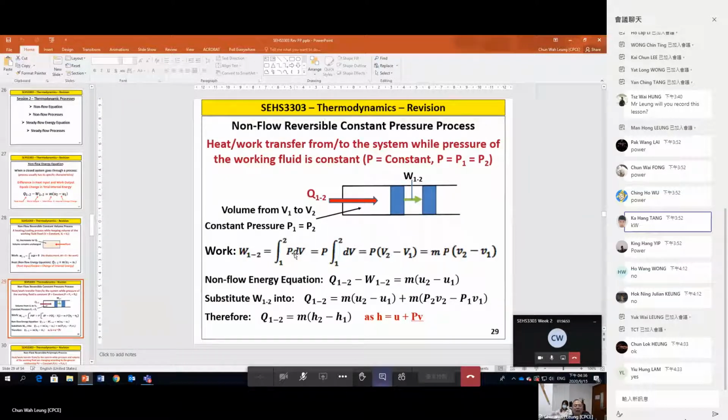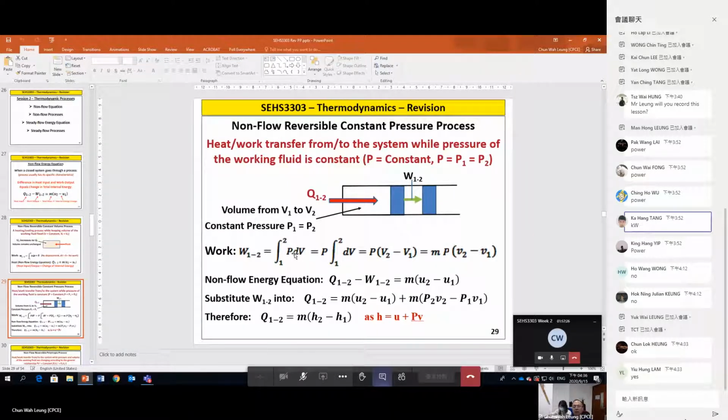Remember, there are two cases in which you can solve this integral. First, pressure is a constant. Second, pressure can be rewritten in terms of V. In other words, it's a function of V. So either one lets you solve this integral.